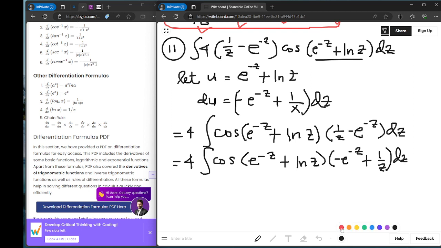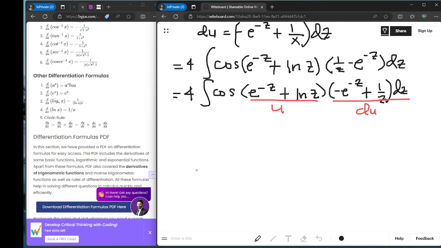So this is now equivalent to our u, and this whole is our du. And this is 4 times the integral of cosine of u du.